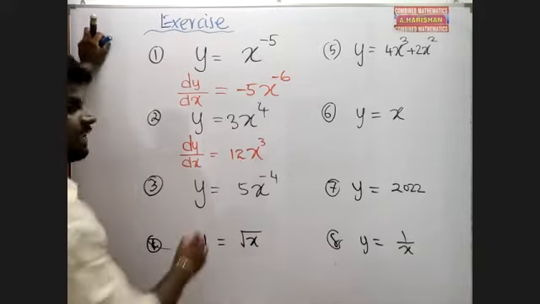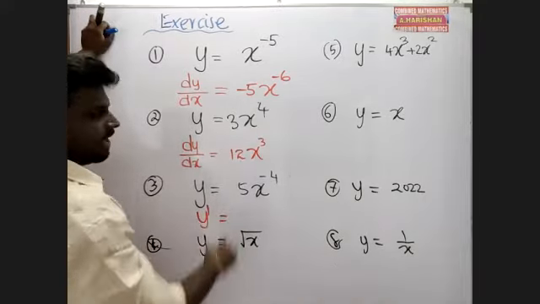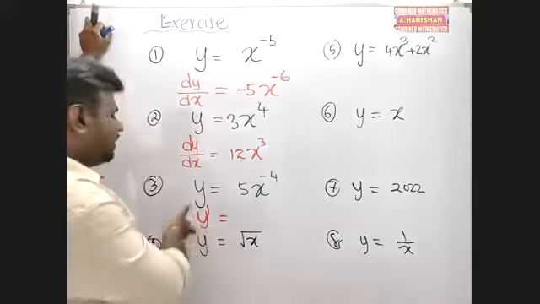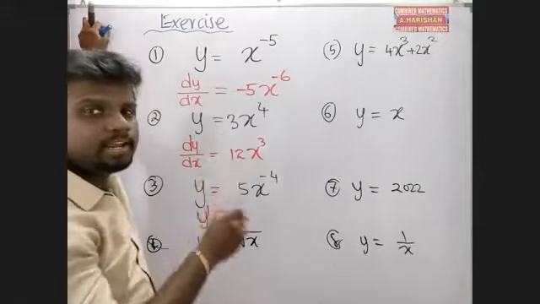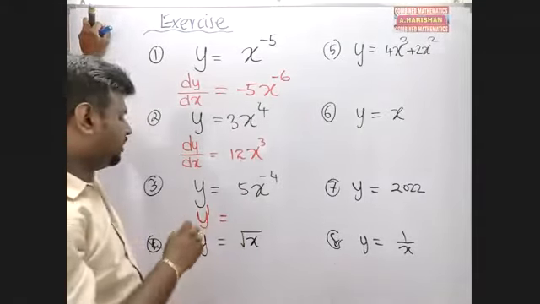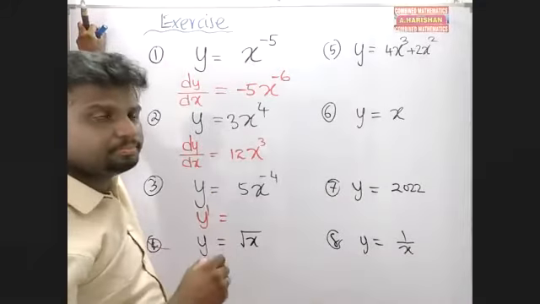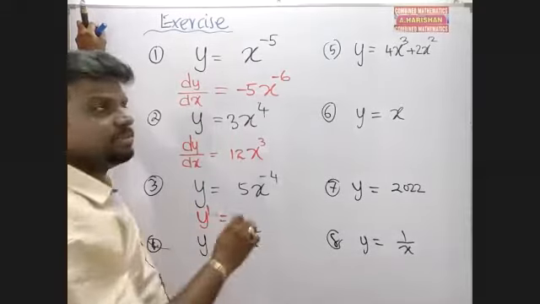The next one, dy by dx. I put y prime because I don't have the space to write dy by dx. Many students say y dash. This is not dash, it's like a dash, but this is y prime.